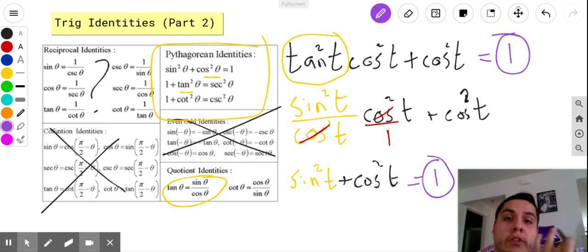And that's all you do with these identities. It's start somewhere, develop some sort of vision based off what you see, try it out, and hope that it works out. And this is where it's okay to try something and realize I don't think this is going to work out and then have to double back. Happens to everyone the first time through when they work with these trig identities.